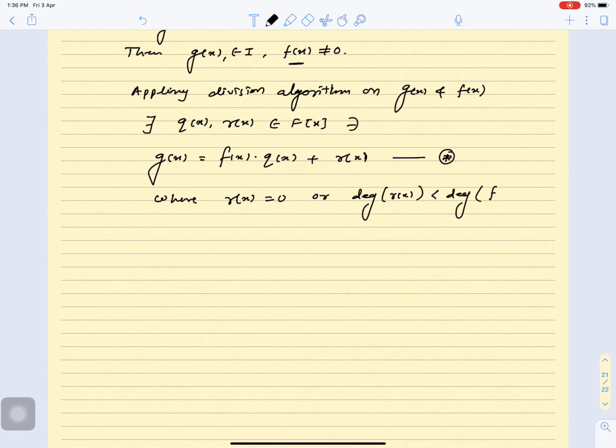So the degree of r(x) is strictly less than k. So this is one piece of information.